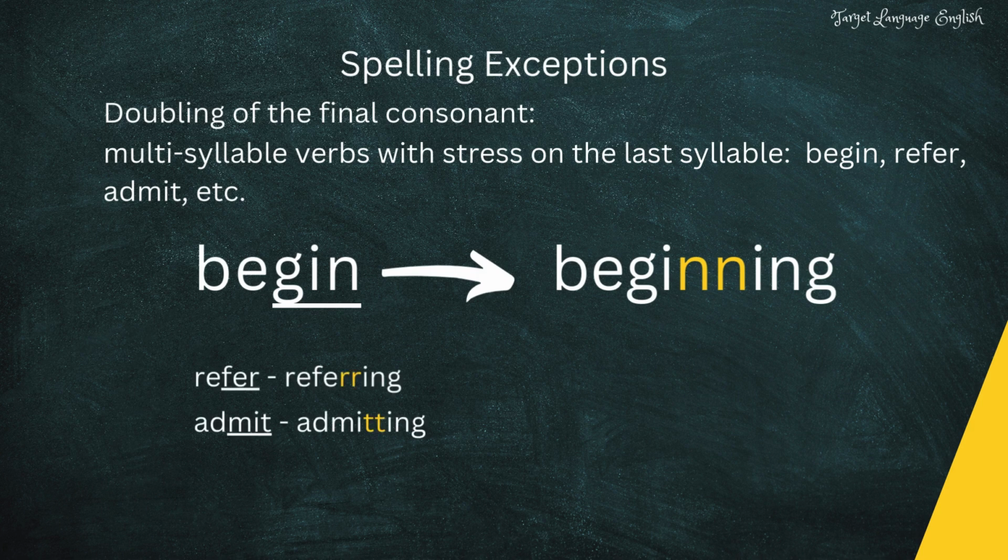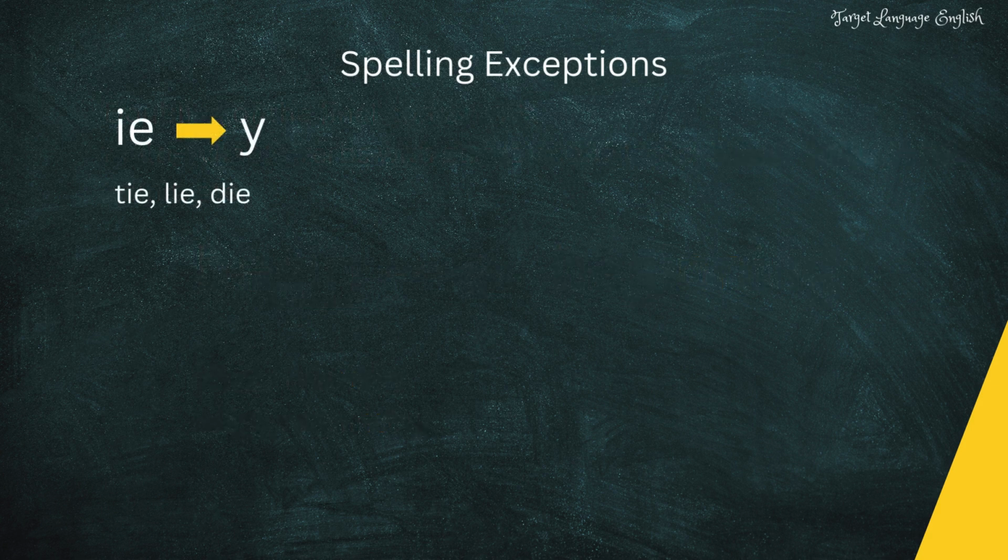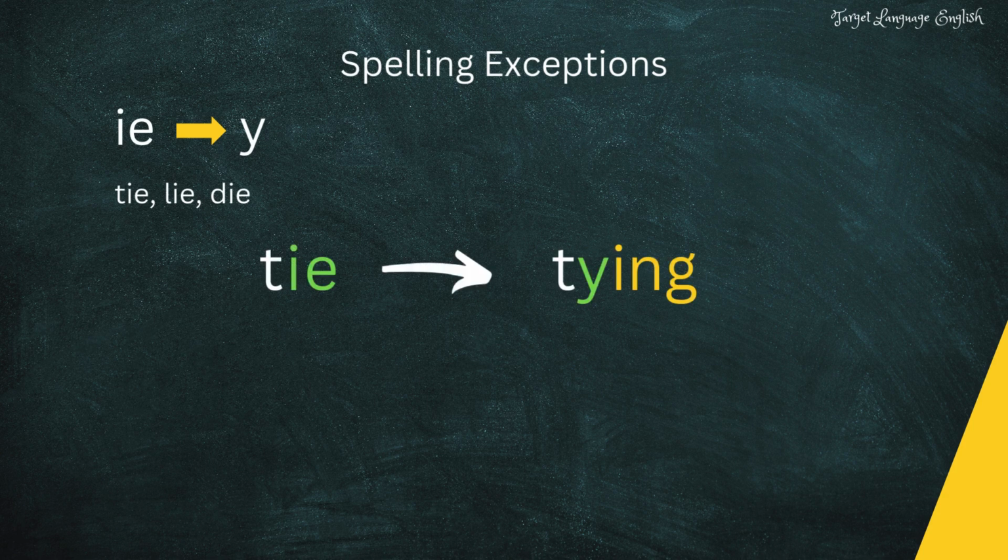Other similar examples are refer, referring, admit, admitting. Next, verbs ending in ie, change the ie into y and then add ing. Tie, tying. You can see that we changed the ie into y and then added ing.